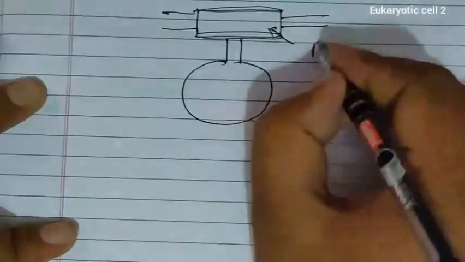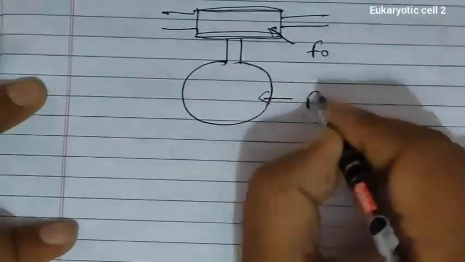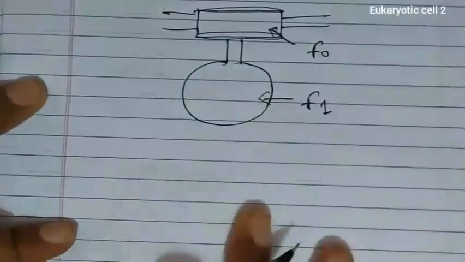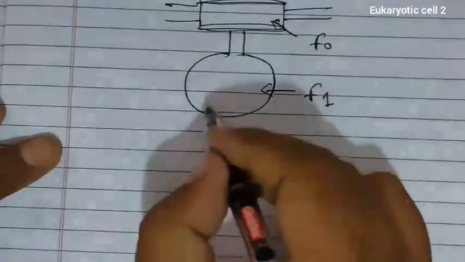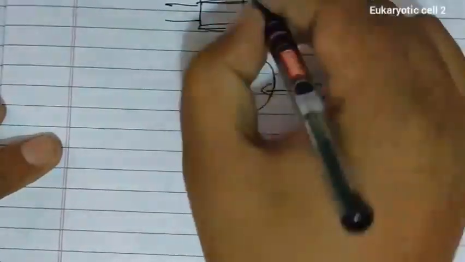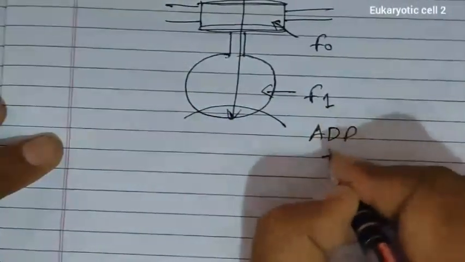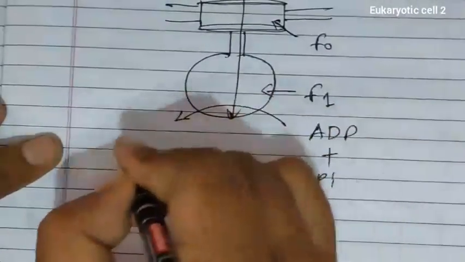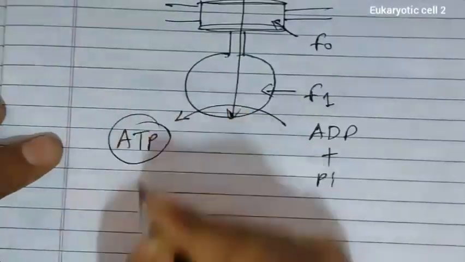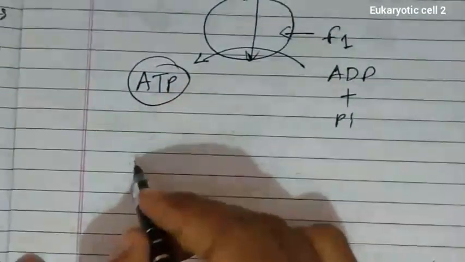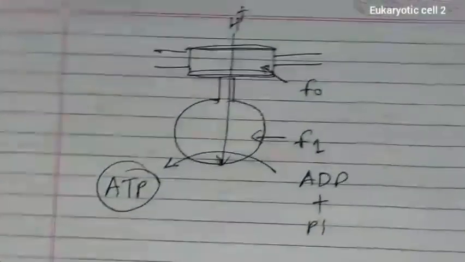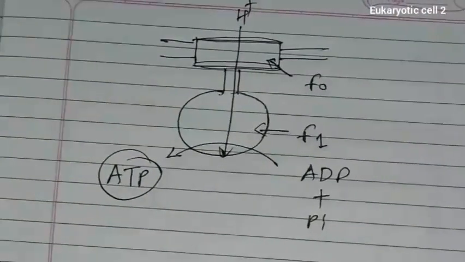This is F0 and this is F1. Here H plus passes through this and some energy gets released, which is used in phosphorylation of ADP, that is adenosine diphosphate, and ATP formation occurs. So ATP is formed by the phosphorylation of ADP, and this is the F0 F1 unit.